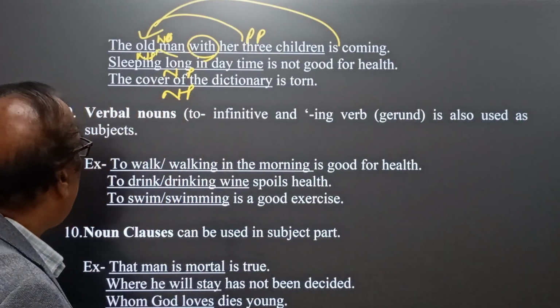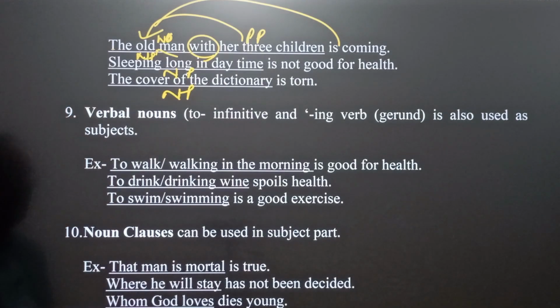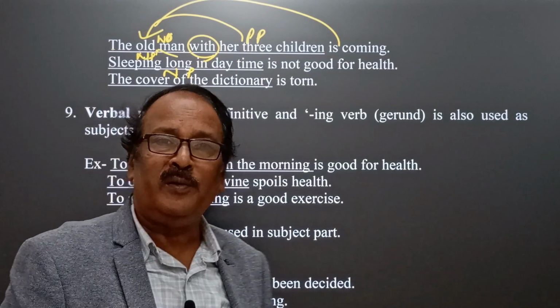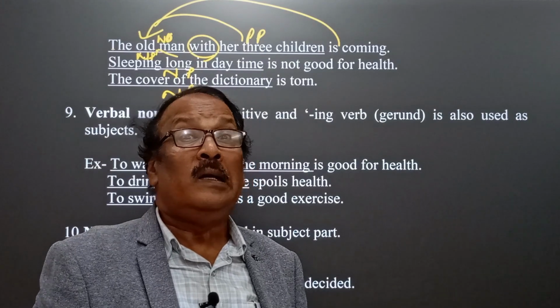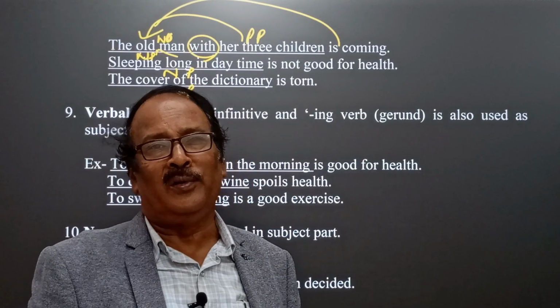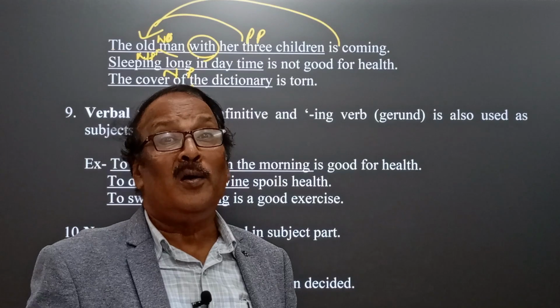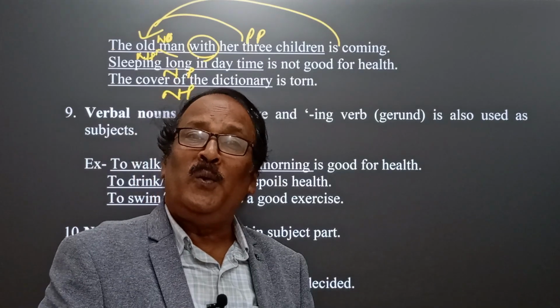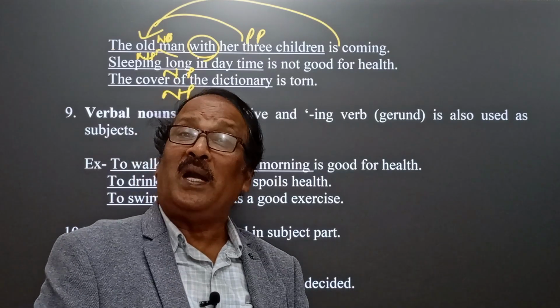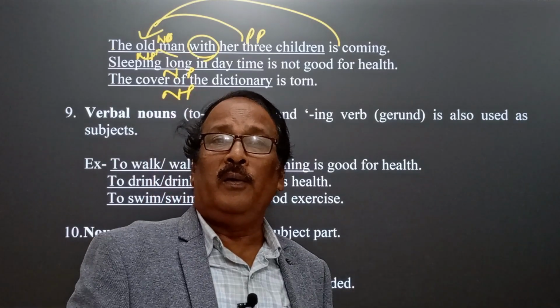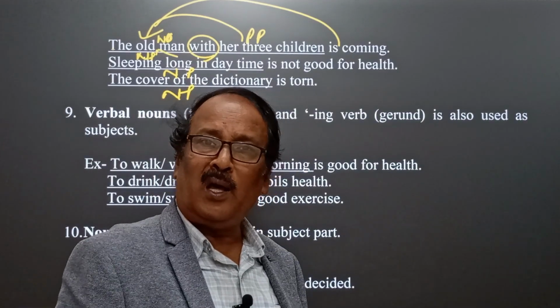Yes, now come verbal nouns. Very interesting that sometimes verbs are used as nouns. In that case, they are called verbal nouns. We know that the present participle verb form is used as a verbal noun.